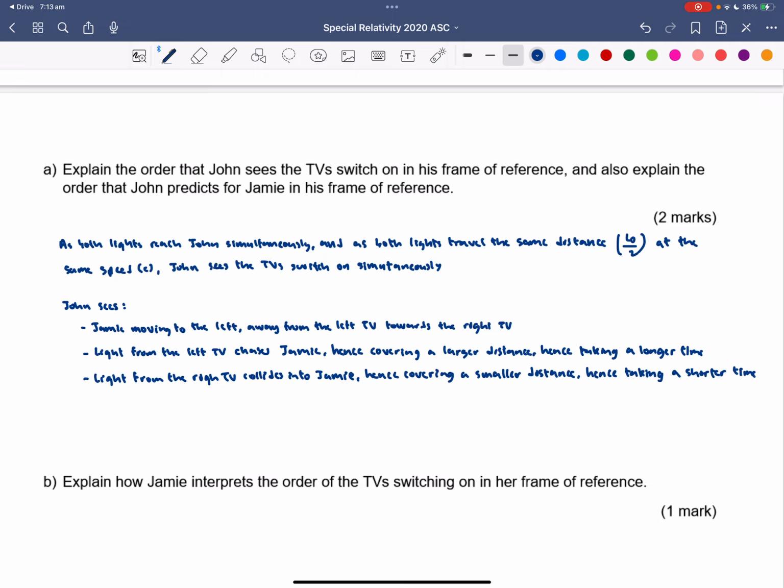So therefore, John sees that the light from the right TV reaches Jamie before the light from the left TV, because remember we agreed that the right TV's light takes a lesser time.